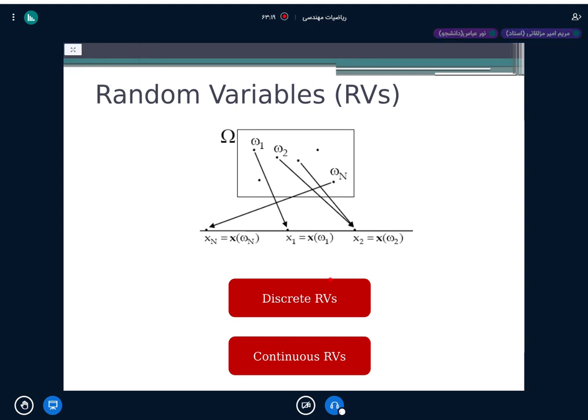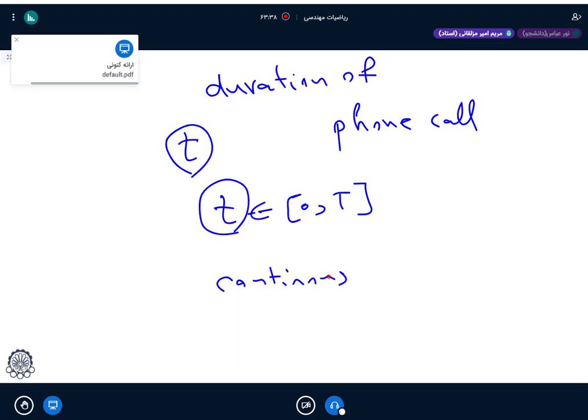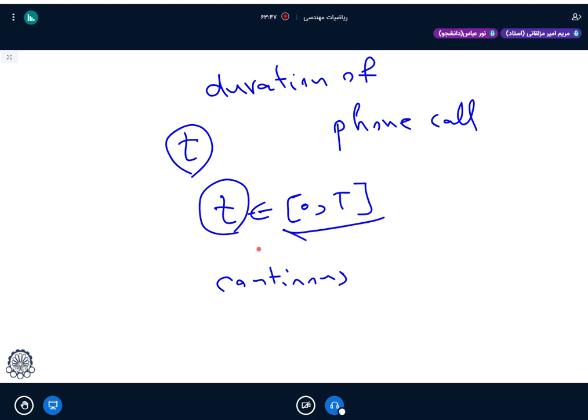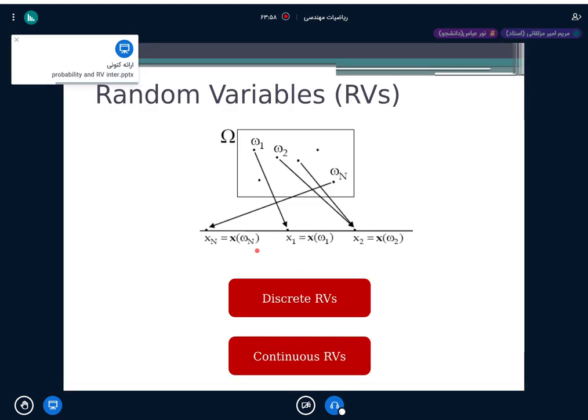Yes, doctor. For the continuous case, we can plot t as a curve. Please pay attention that in this example, t may be a value in this interval, but we don't know which.